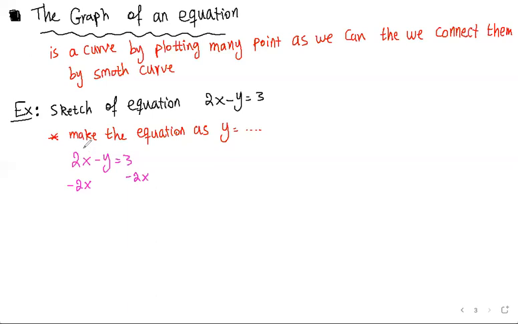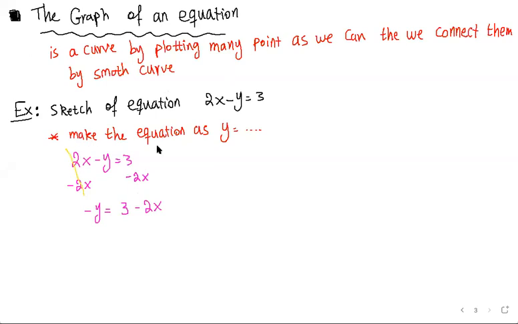The 2x minus 2x cancel each other. The remaining is negative y equal 3 minus 2x. Then what do I have to do? Just divide by -1. Yeah, exactly.